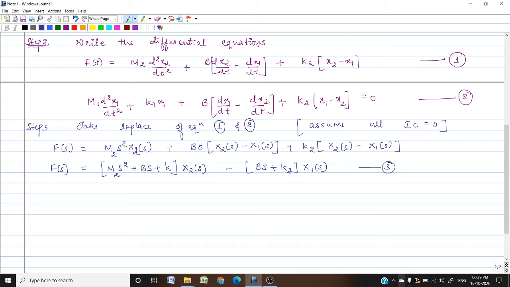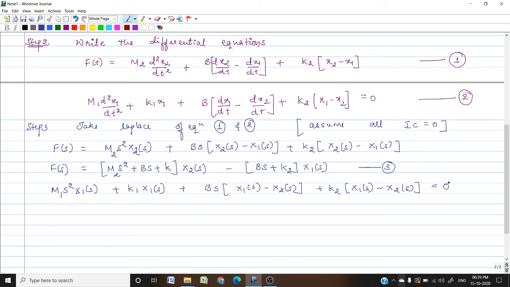Now I'll apply Laplace transform to equation number 2. So I'll get m1 s² x1 of s plus k1 x1 of s plus bs (x1 of s minus x2 of s) plus k2 (x1 of s minus x2 of s), this is equal to 0.